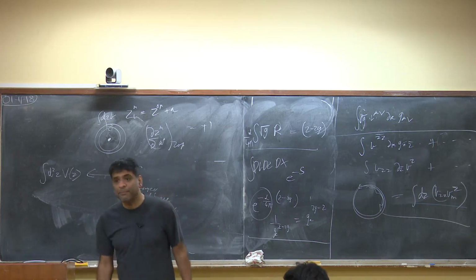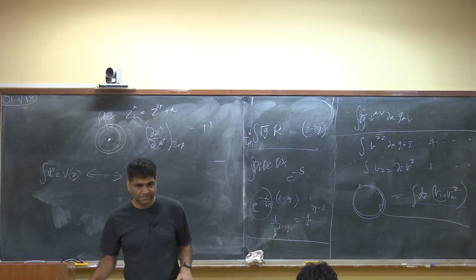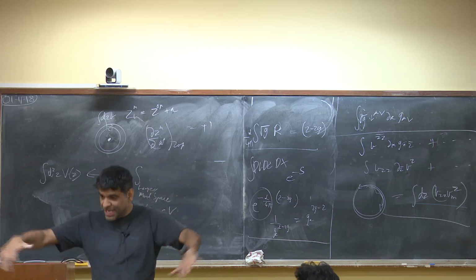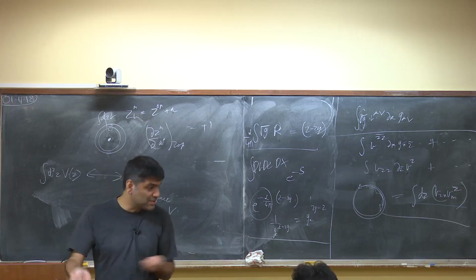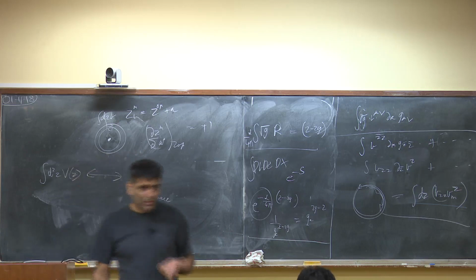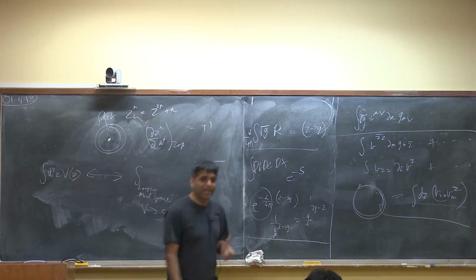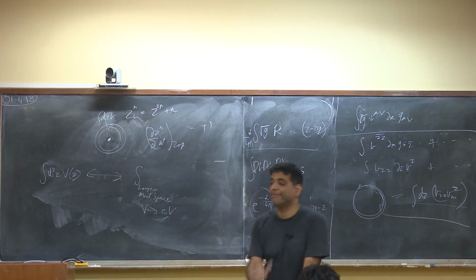Alpha prime becomes important if we're working on a manifold which has some curvature in it. Then you've got a dimensionless quantity, namely curvature in units of alpha prime. Talking about manifolds that are not flat space, we will come to. But at this point, alpha prime is nothing. Choice of units.